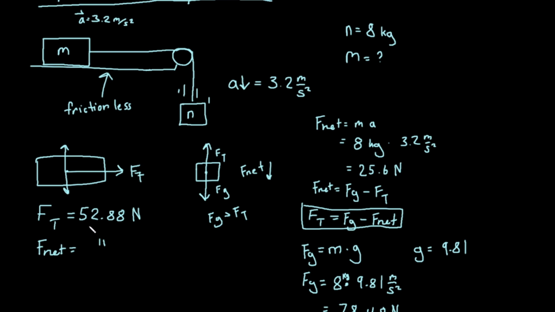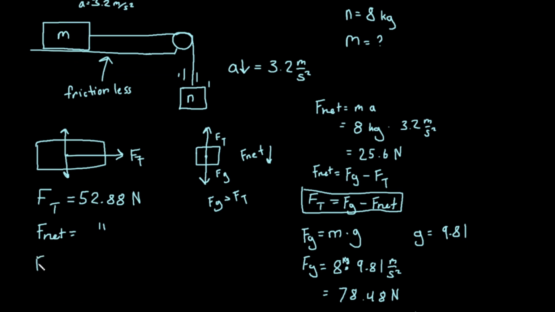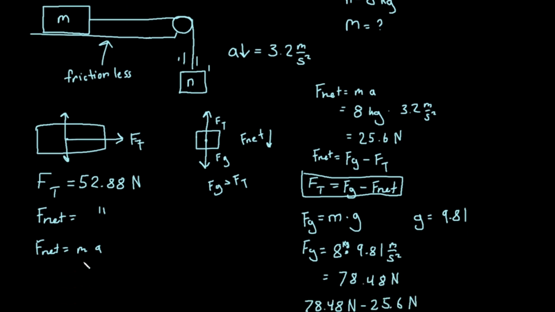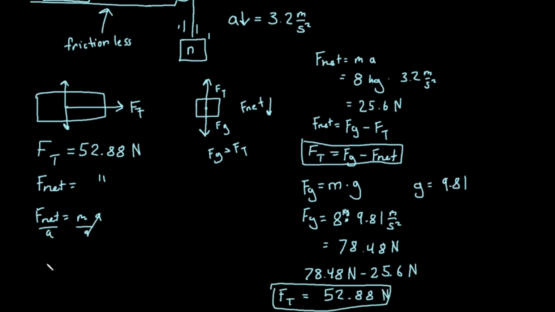Since Fnet is equal to mass times acceleration, and we know acceleration to be 3.2 meters per second squared, we isolate for m by dividing by a, canceling out. So m is equal to Fnet over a, where Fnet equals 52.88 and a is equal to 3.2.